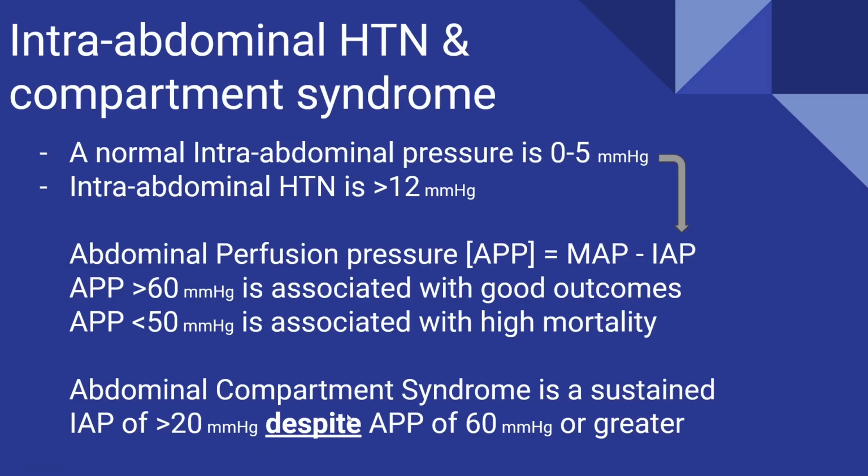So any abdominal pressure over 20, despite what their perfusion pressure is, is very bad. And that's where we start to diagnose our patients with abdominal compartment syndrome, when they have a high intra-abdominal pressure despite a normal perfusion pressure.